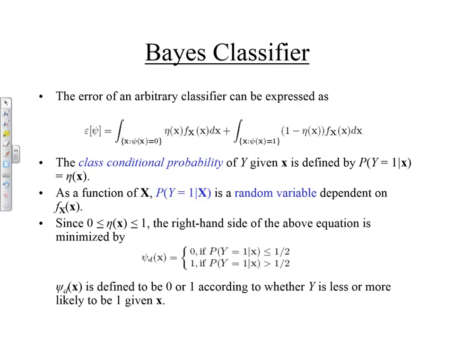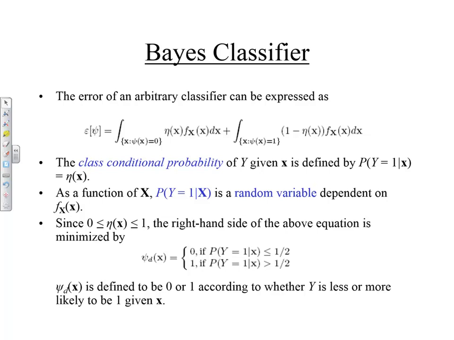And the way I'm choosing it is because here the thing that I have to choose is just the psi, okay? I'm going to choose the psi in such a way that all the values of x for which eta x is less than half, alright, they will come into this integral. And the way I can do that is by making sure that for all these values of x, psi x is 0. Okay.